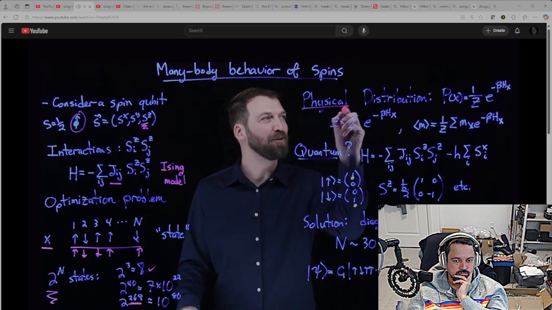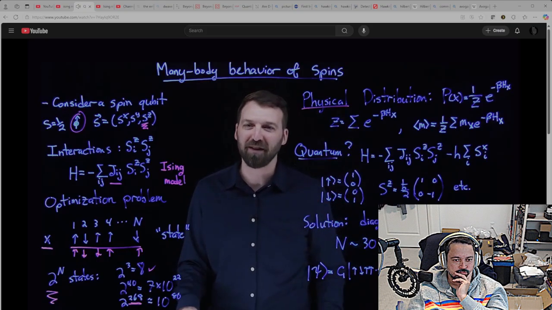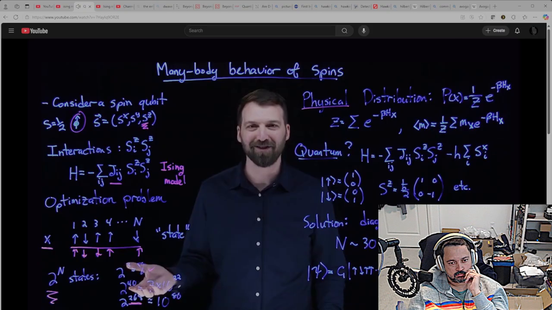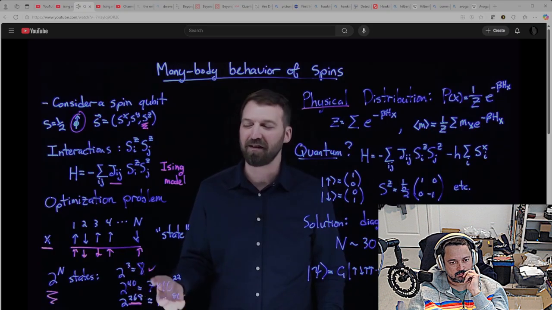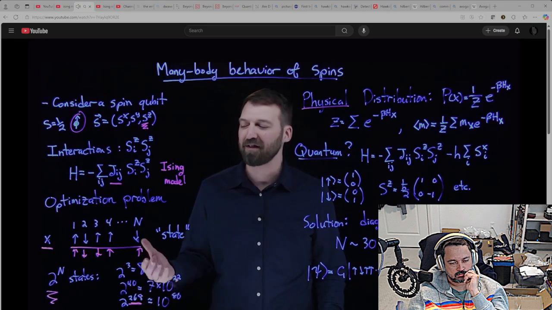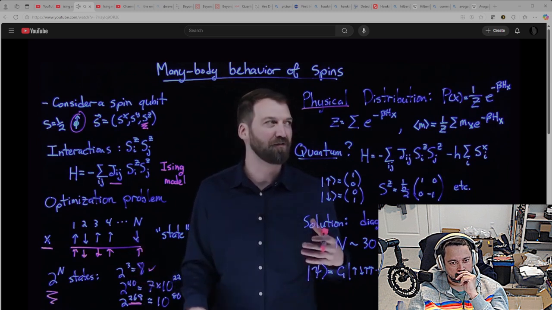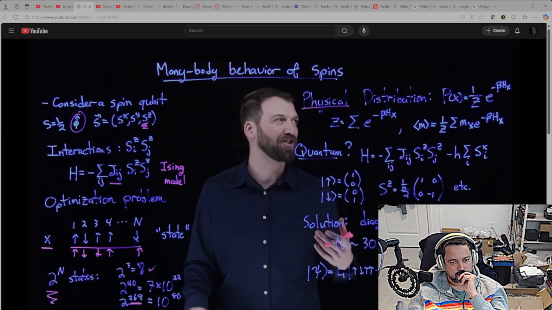In physical systems, what we do is we look at probability distributions. A probability distribution governs, for example, the amount and type of spin configurations that might occur in a magnet at some temperature.